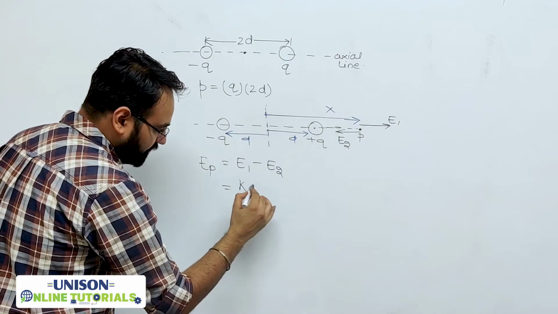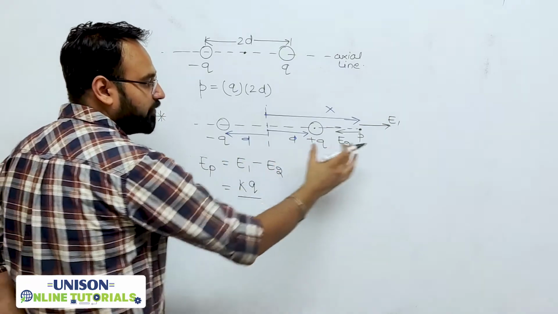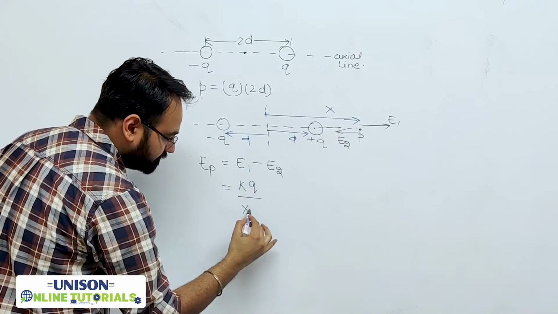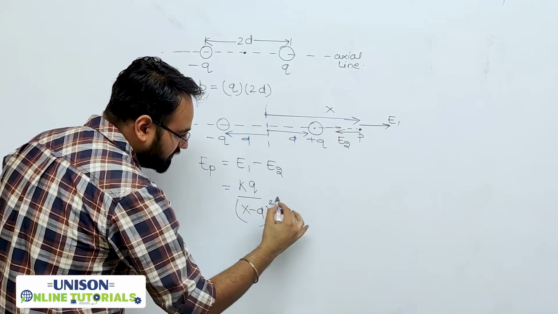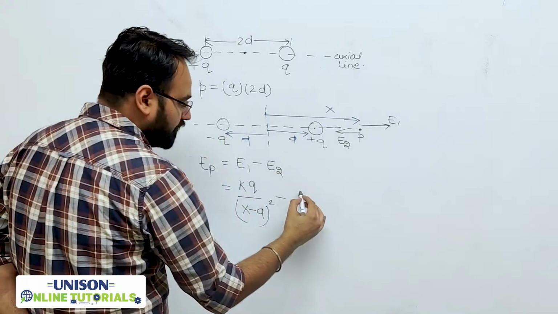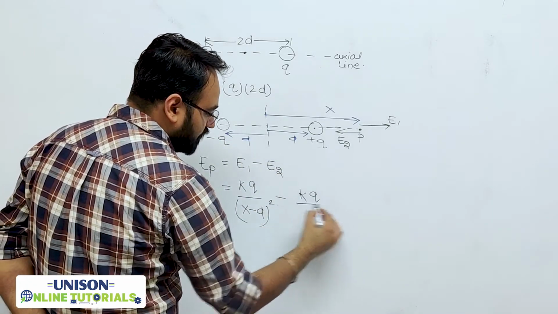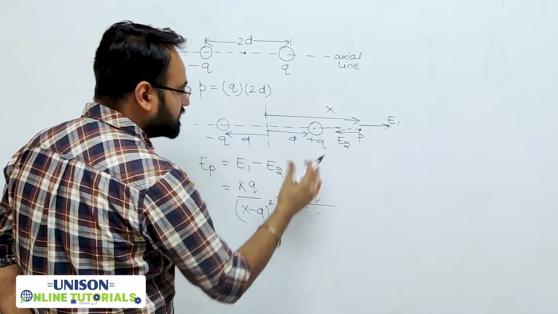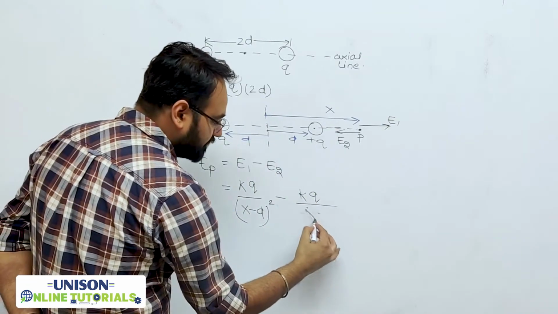So E1 will come out to be KQ by this distance, which is x minus d whole square. Similarly, E2 will be KQ by x plus d whole square.